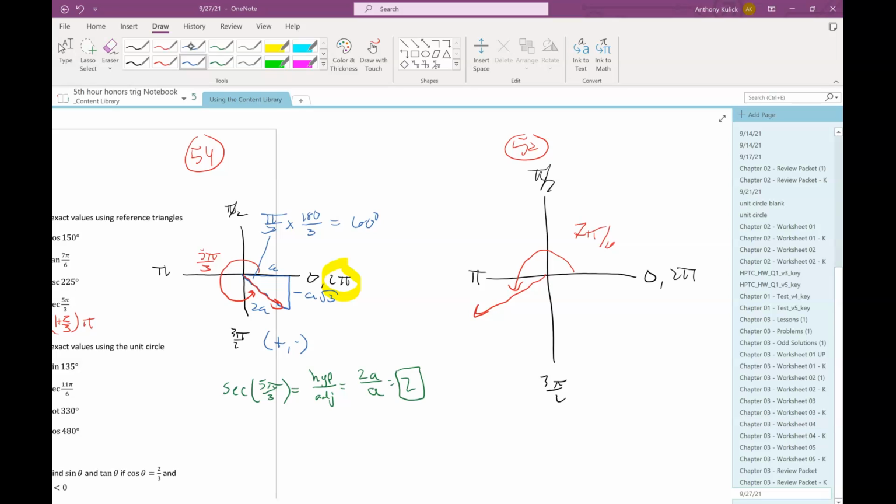Cool with how I drew that, Peyton? Sure. 7 pi over 6 is 1 1/6, right? So I did 1 pi to the horizontal, and then a 1/6 more, so just a little bit below the horizontal. Does that feel okay? All right. Let's make our triangle.